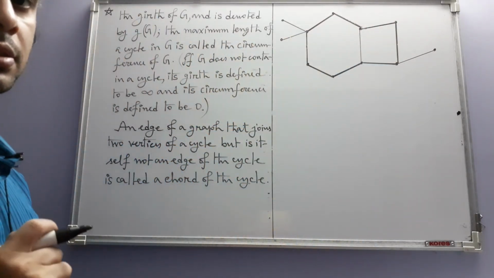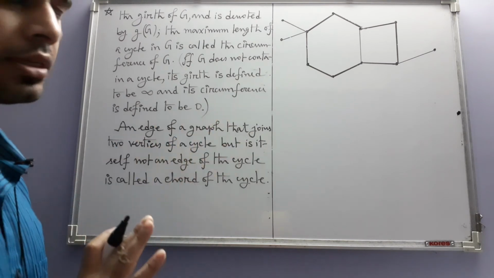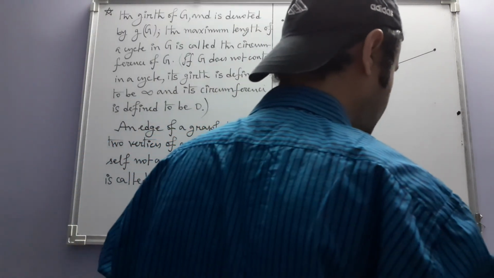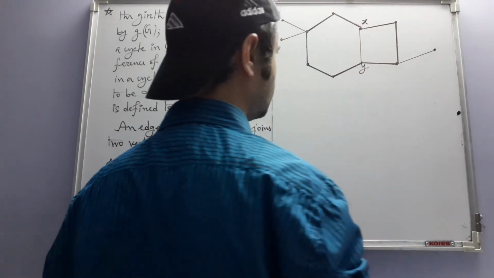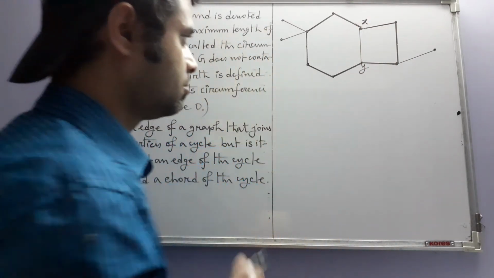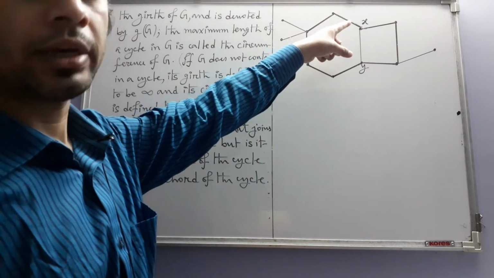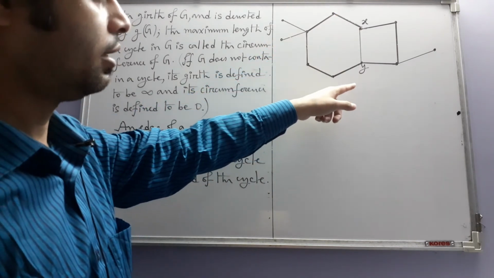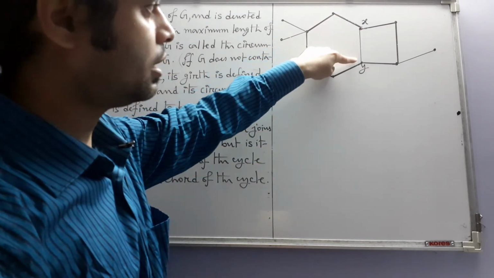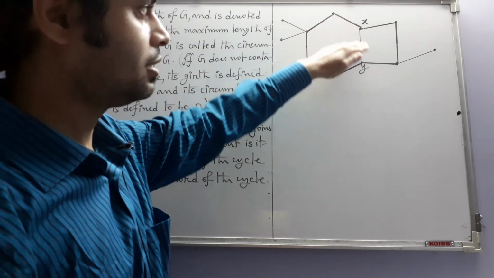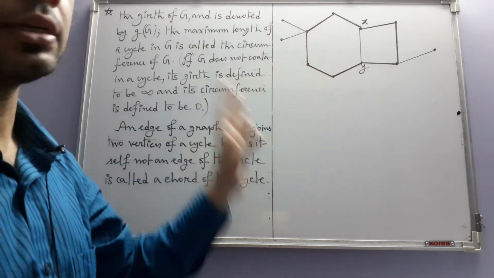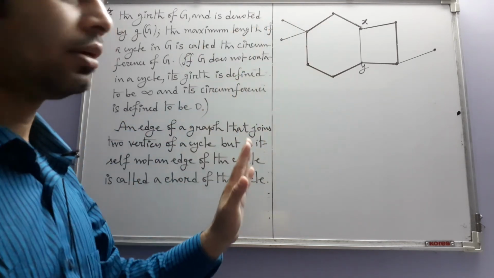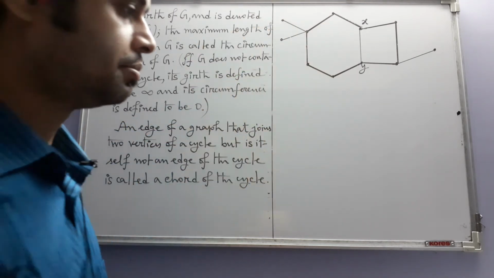They form a cycle along with, of course, the vertices that come in between, and these are two vertices. They are adjacent, joined by an edge. However, this edge, although it's joining two vertices of this cycle, is itself not an edge in the cycle. So this is a chord of the cycle.